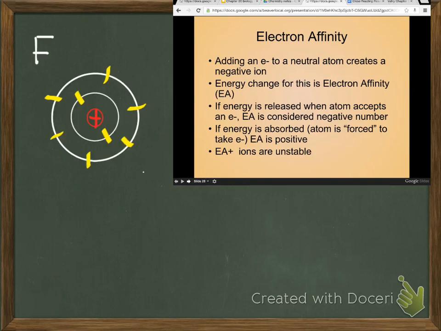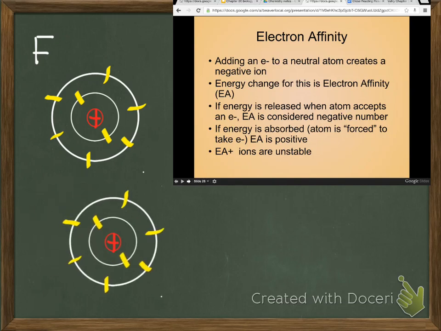There's our little fluorine atom with seven valence electrons. So what's the nearest noble gas to fluorine? Neon. So we've got neon down here, which just has one more valence electron.